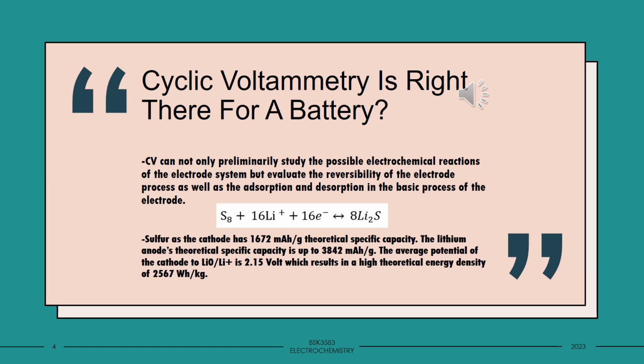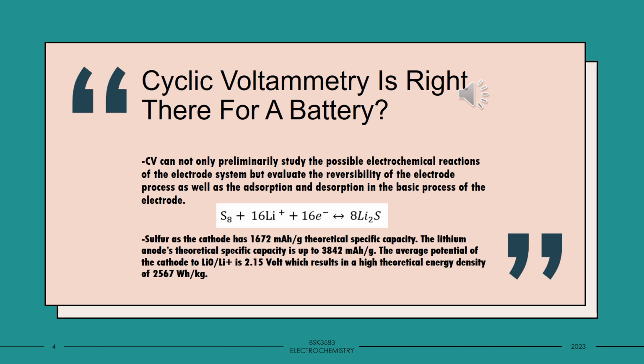The electricity is generated from the multi-electrode reaction between lithium metal and sulfur molecules. You can see that equation, the cathode discharge and charge reaction. Sulfur as the cathode has a theoretical specific capacity of 1672 mAh per gram.